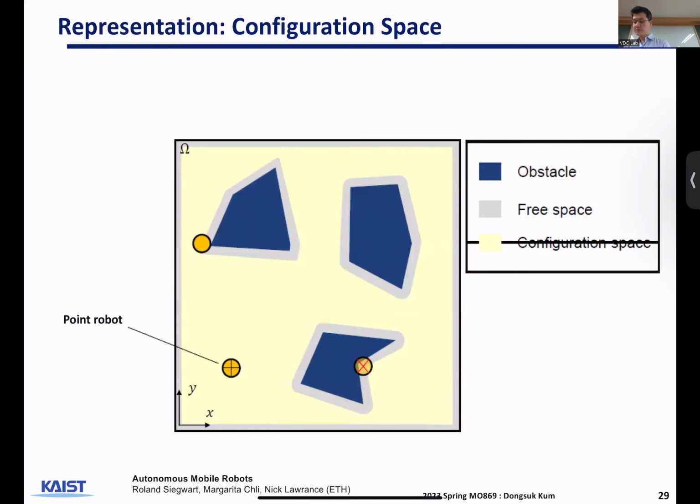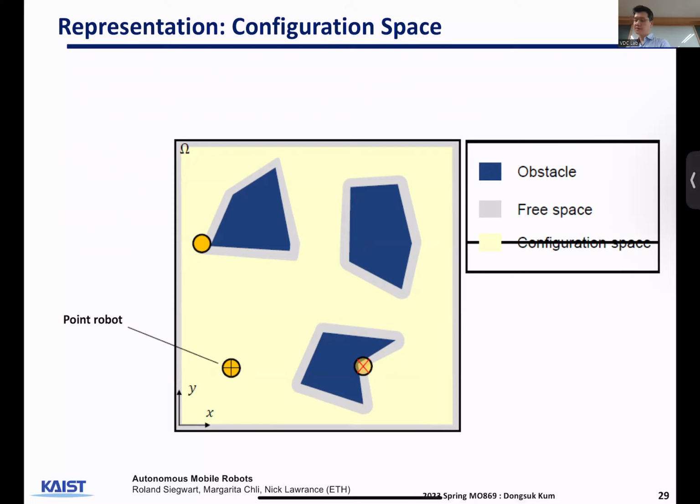So here is an illustration of some of those space definitions we introduced. So we had obstacle, and we have free space, which was noted as the gray, but now the configuration space is going to be this sort of light yellow area.